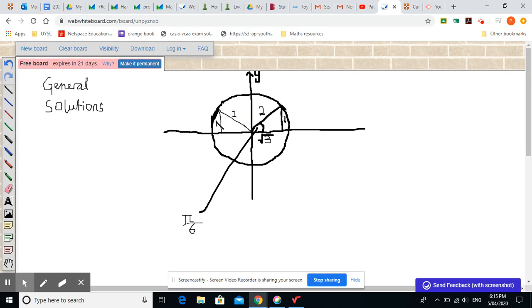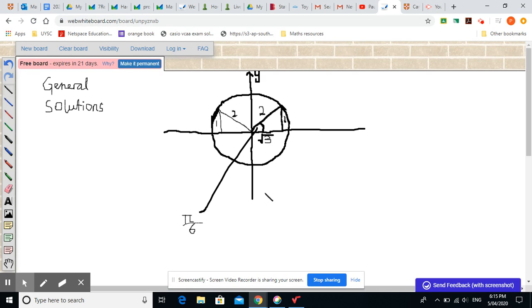Remember, this is a positive one because the y value here is still positive. Obviously, the hypotenuse is always a positive number. It's just a radius. That's always positive. Now, that's the second solution. Then as we go around the circle, we would get 2 pi plus this pi on 6 solution. And then we get 3 pi minus this pi on 6 solution.